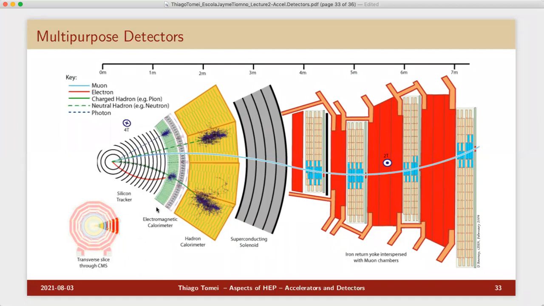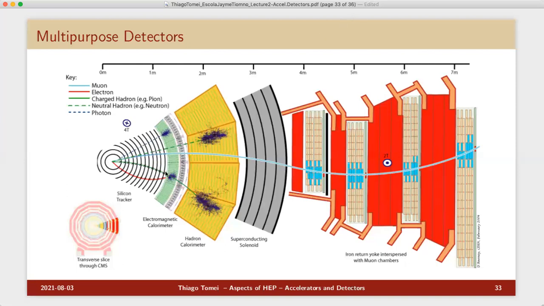You have an electromagnetic calorimeter which has very low radiation length, and that system stops electrons and photons. The hadron calorimeter stops all the hadrons, including neutral hadrons, as well as charged hadrons like pions and protons, and neutrons and kaons.